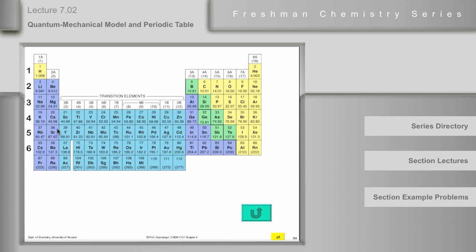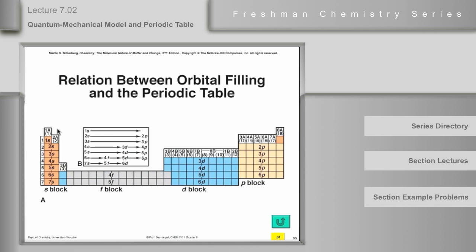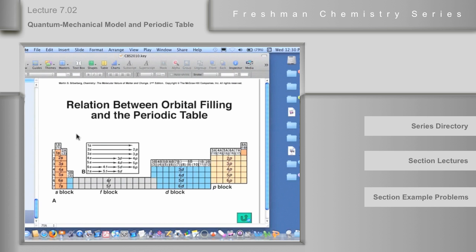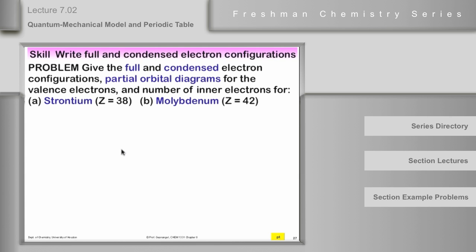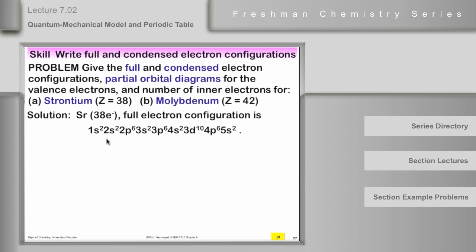Okay. If we go back, uh-oh. Now I messed it up. Sorry. Hang on just a second. So here is strontium, 38 electrons, the full electron configuration: 1s2, 2s2, 2p6, 3s2, 3p6, 4s2, 3d10, 4p6, 5s2.